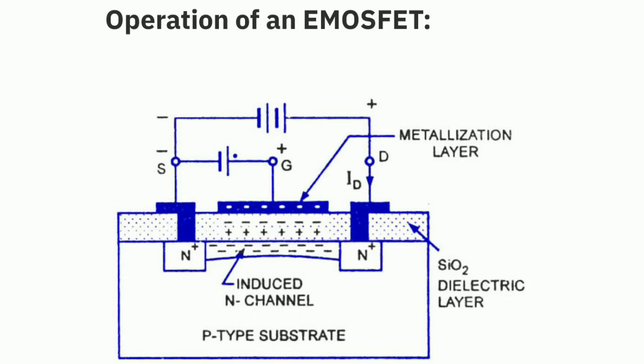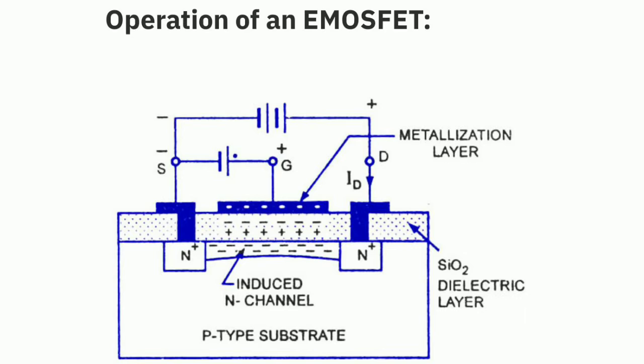In the working we can explain it in two parts: when VGS is equal to 0, that is, the gate to source voltage applied is 0, and in the second part we will see the operation with positive VGS, that is, the gate to source voltage is positive. So let us see what happens when the gate to source voltage applied is 0.